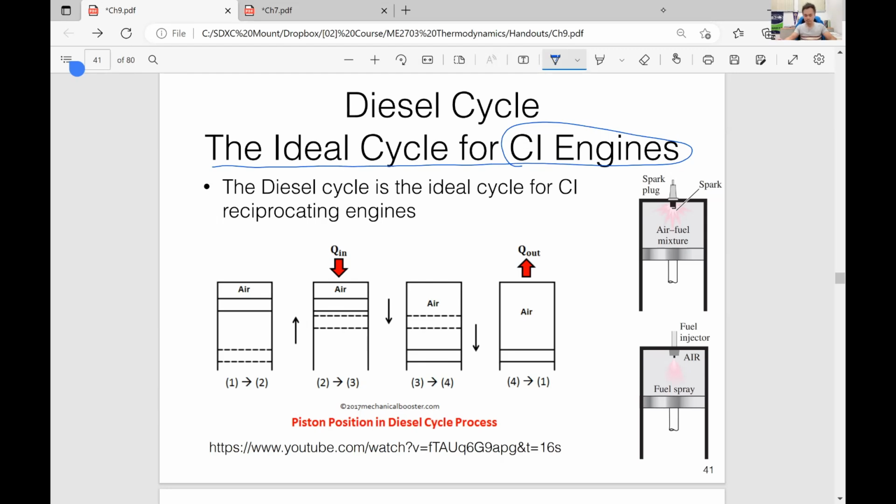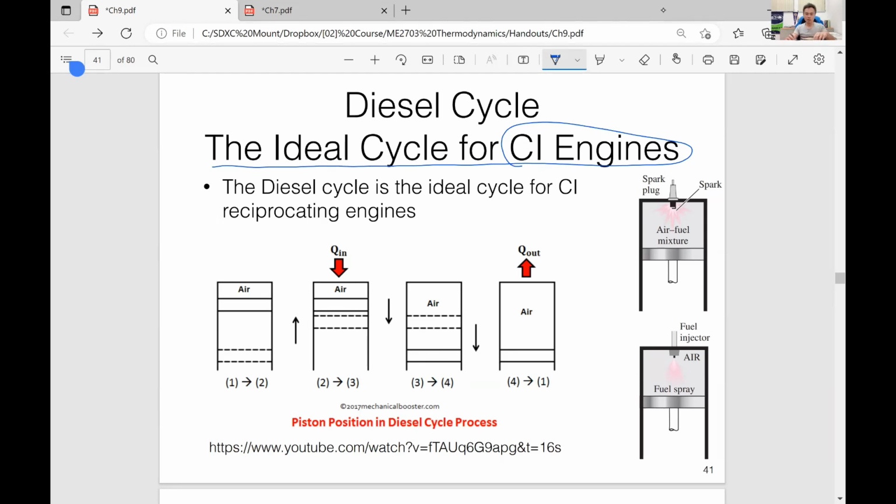The only difference between a CI engine and an SI engine is the way that the combustion takes place. For a spark ignition engine, we need to fire a spark plug to burn the air-fuel mixture.